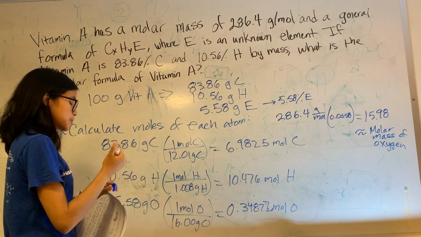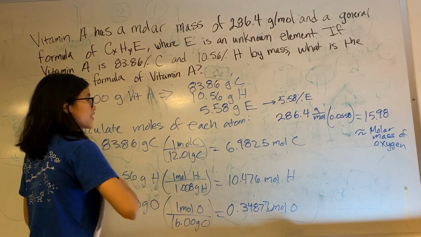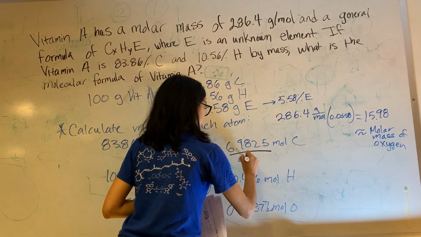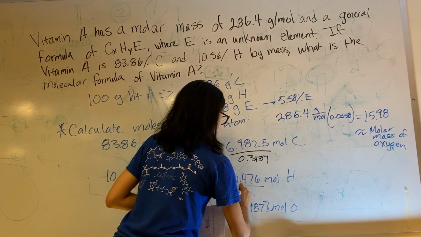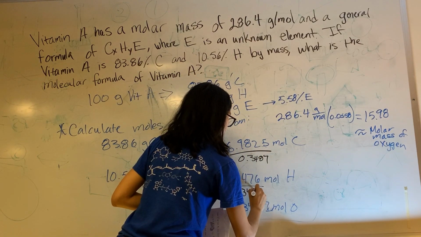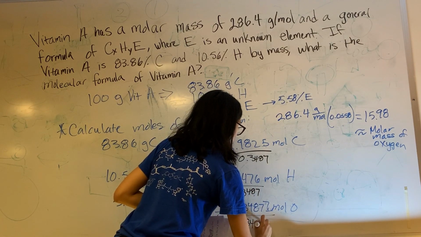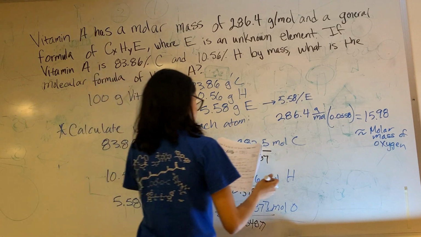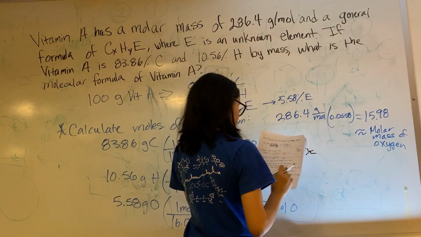Okay, so now we do the exact same procedure, right? We find the smallest amount of moles, which in this case would be the moles of oxygen, and we divide all the other numbers by it. So everything gets divided by 0.3487.